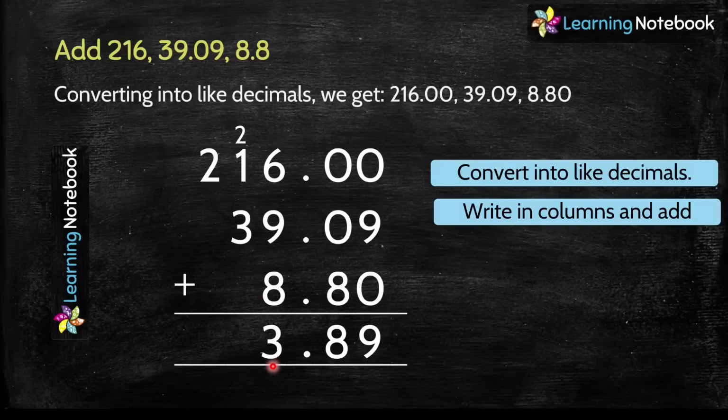So write 3 in the answer and 2 gets carried over. Now 2 carry plus 1 plus 3 equals to 6, and then we have 2. So our answer is 263.89. So students, this is how we add decimal numbers.